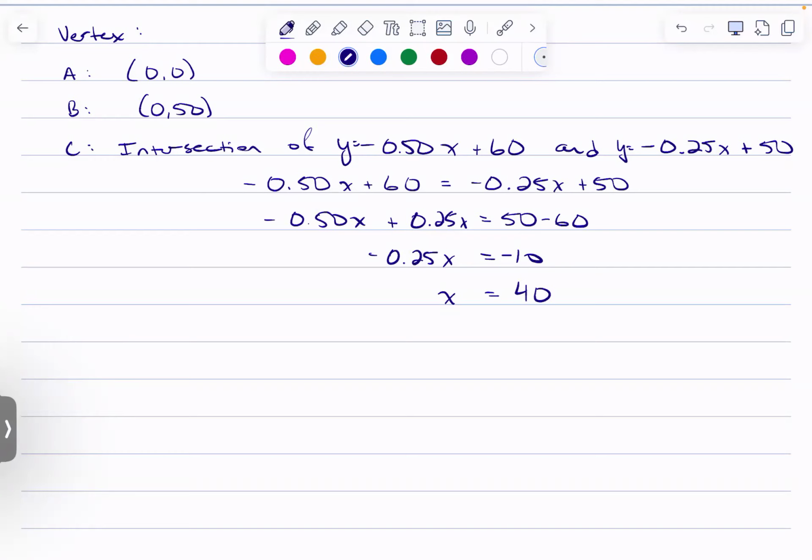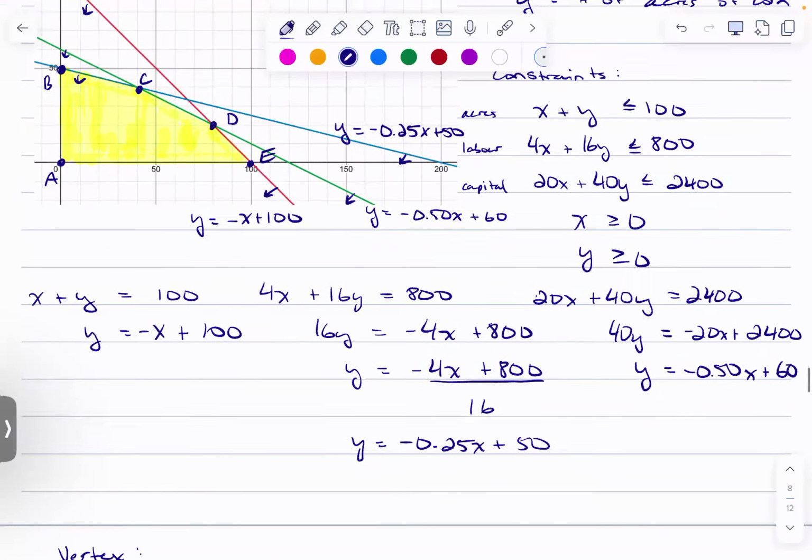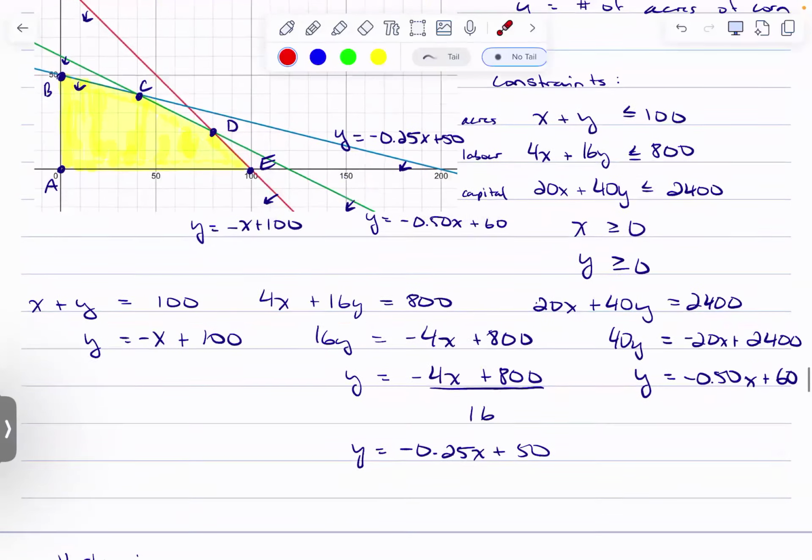Let me confirm. So at x equals 40, and you've got the graph, so you can check to make sure that that looks reasonable, right? But for these kind of floating vertices, you do have to show your work. Now we need to find the y value.